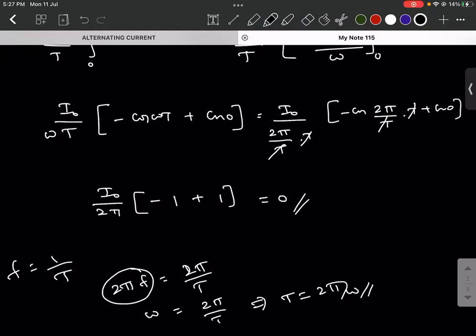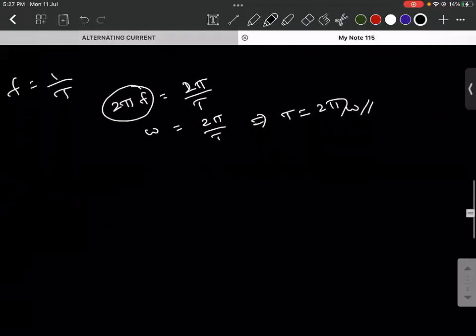You defined it for a complete cycle. I repeat: when you define the value of average current of AC over a complete cycle, you got the answer as 0. That is the reason why average current is not defined over a complete cycle. Average value is always defined over a half cycle.